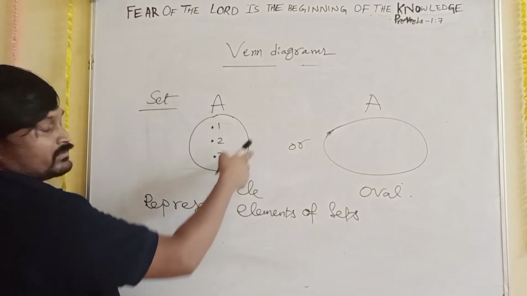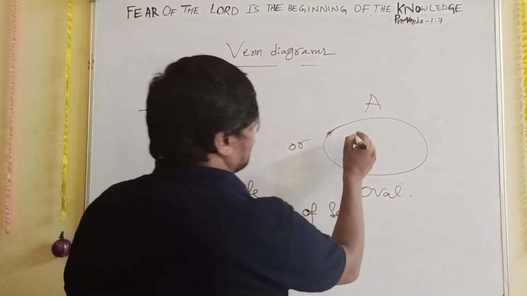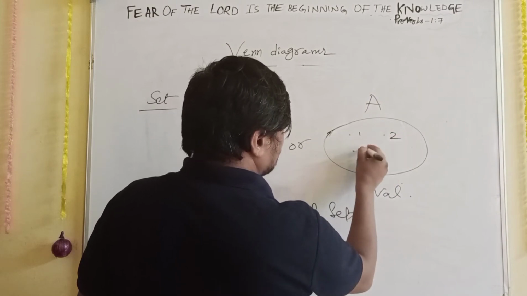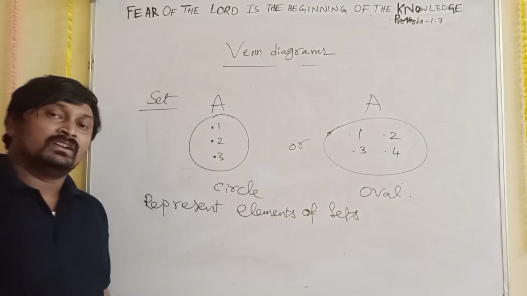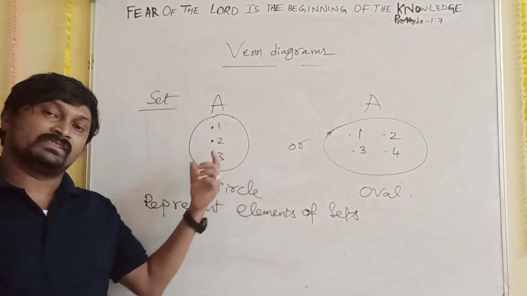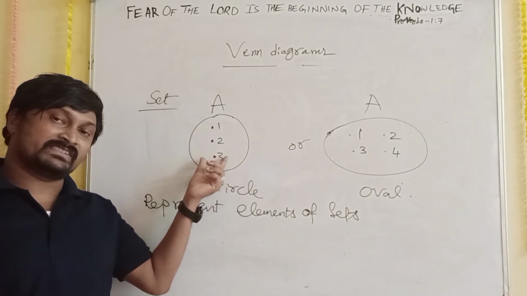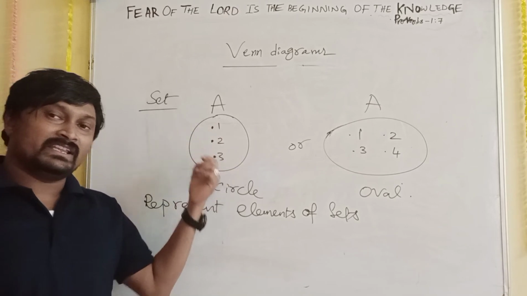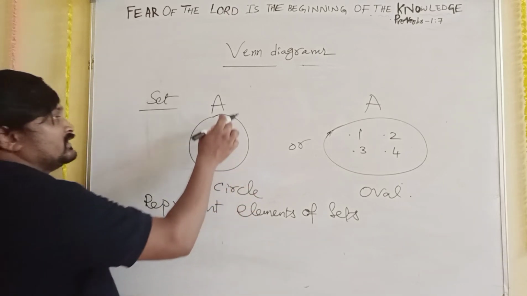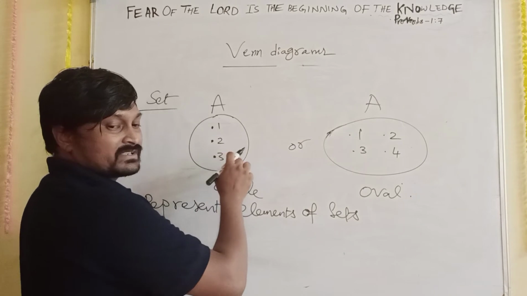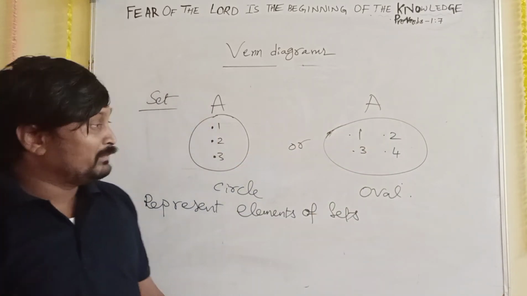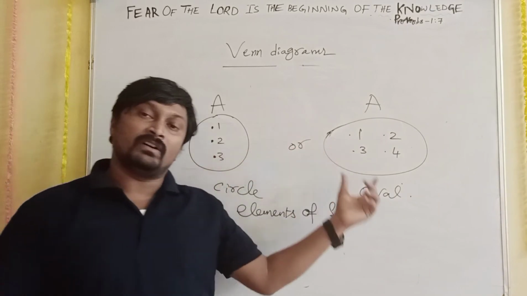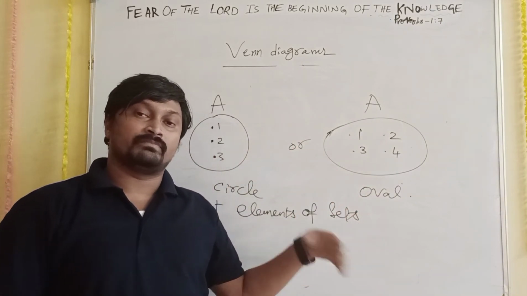Here also 1, 2, 3, 4. Like this you represent the elements of a set in Venn diagrams. This circle represents set A, and this oval also represents set A. You may use a circle or an oval, that is your wish.